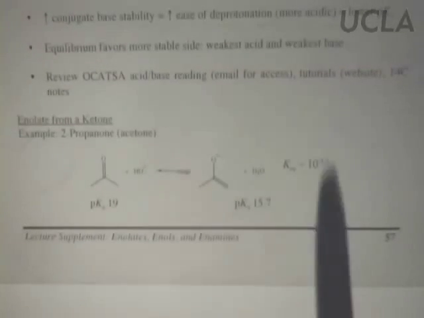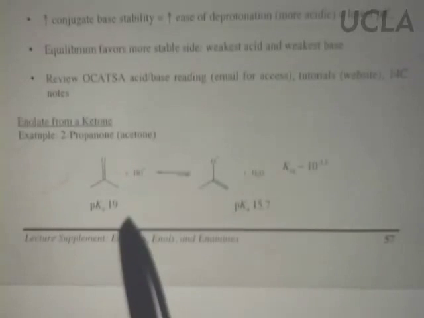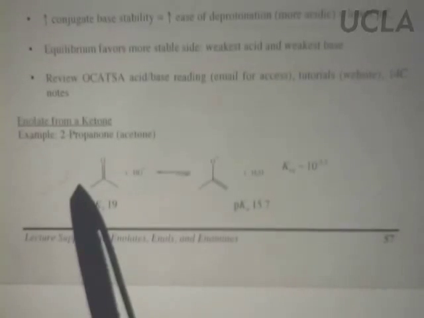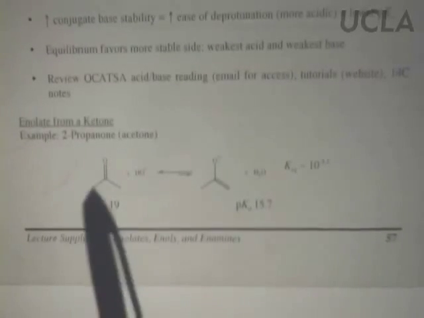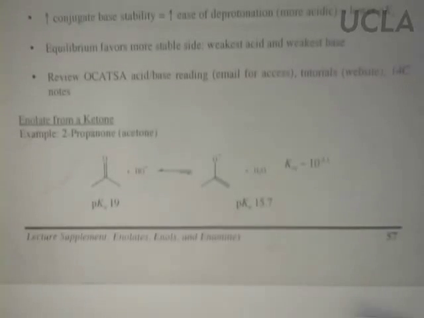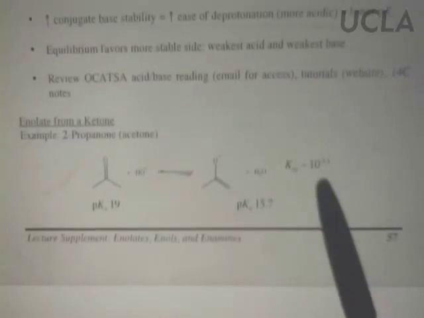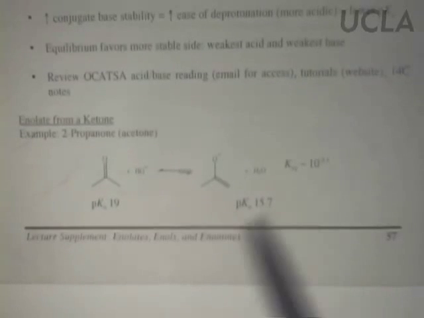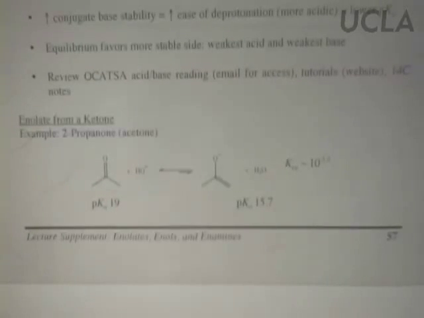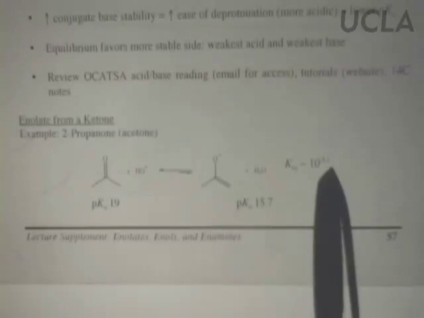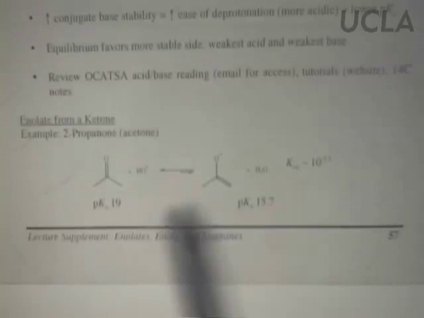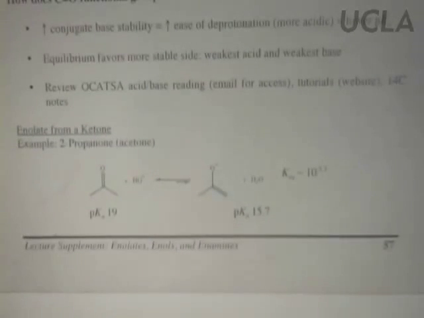And consequently, since this equilibrium favors the weakest acid and base side, it lies to the left, the way it's written. Now, if you start with approximately equal concentrations of reactants, you can estimate the equilibrium constant by simply taking the difference in pKa values. The OCATSA acid-base chapter rationalizes why you can do that, but this equilibrium constant is essentially 10 to the minus 3.3, lying towards the left.